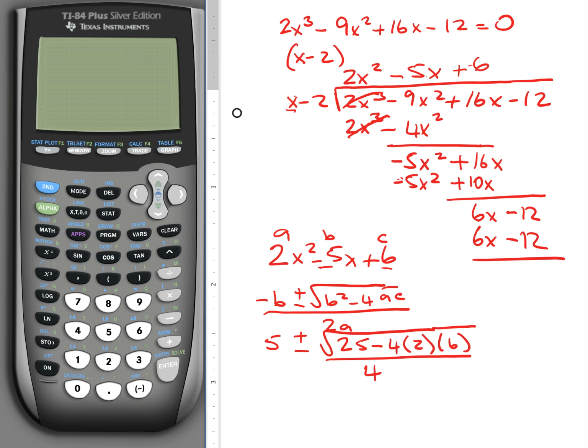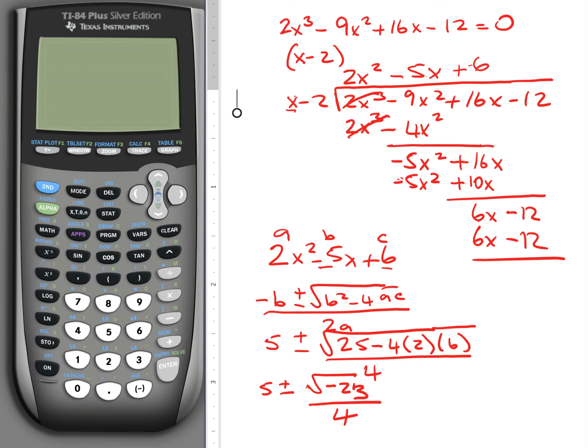So this is going to equal 5 plus or minus, and this is 25 minus 8 times 6 is 48, so that means it's going to be negative 23 over 4.